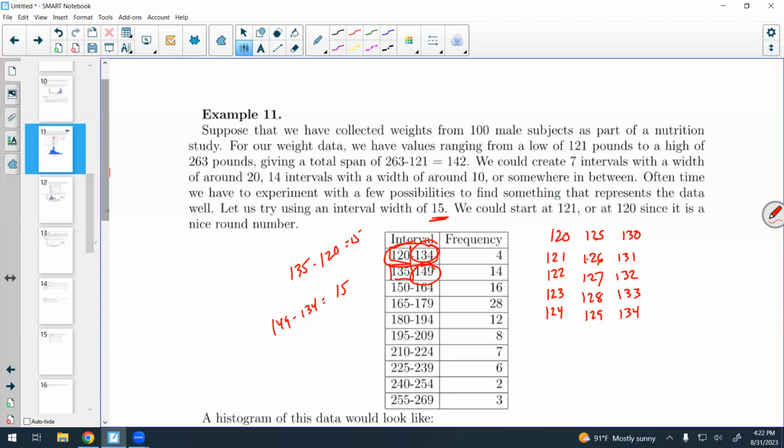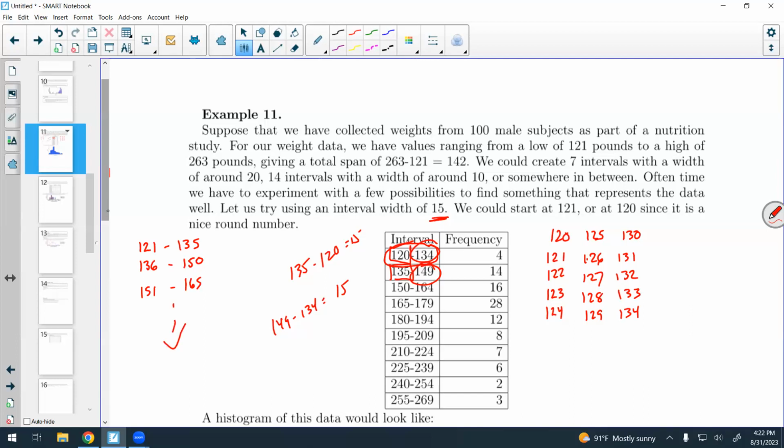So if we were to start at 121, our next interval would start at 136. So this would be 135. And then we'd continue. We'd have 151, that'd be 150, be 165, and then so forth.